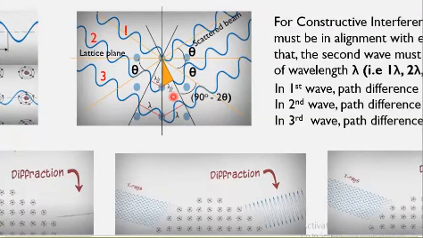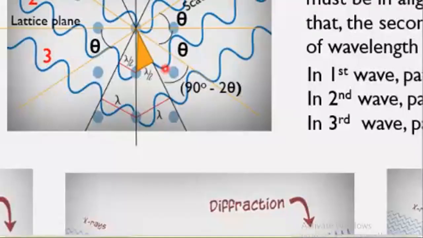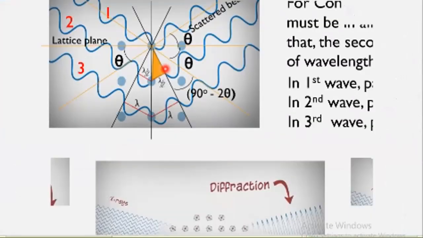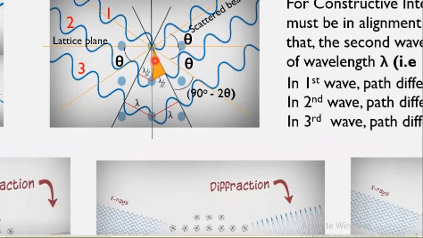And then again, this line and this normal line are also perpendicular, so again we can say that the required angle, which is the angle of the orange shaded triangle that we want to find, we can write here as 90 minus theta.